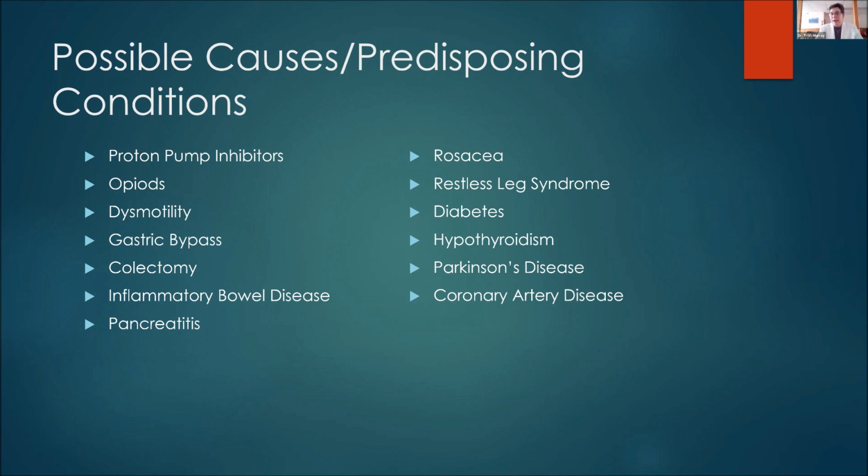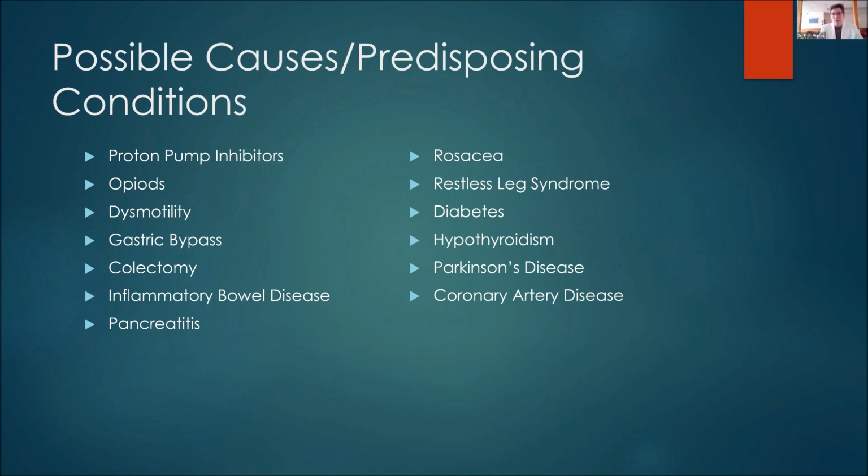And if that isn't happening, then that would be dysmotility, or the motility is not functioning properly, and therefore bacteria could be migrating up in the wrong direction to live in the wrong places.